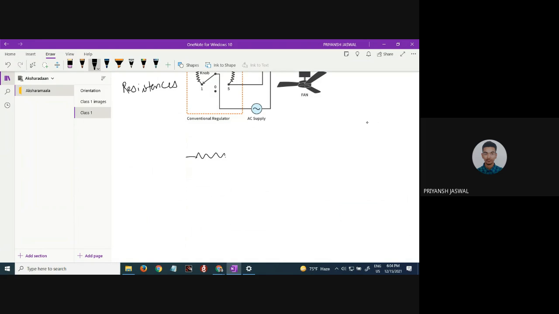Suppose this is our circuit, in which we have three resistances whose electric resistances are R1, R2 and R3, and this is a DC battery of potential difference V. So by convention the current will flow from positive to the negative side. Let that current be I.